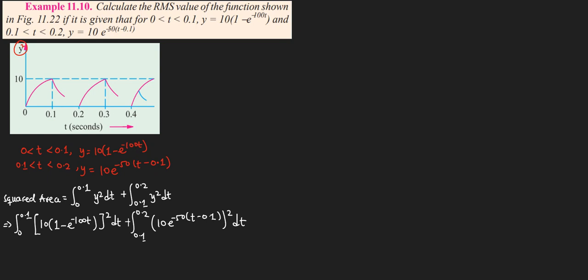Let's start with the first part, where we have the integral from 0 to 0.1 of (10 multiplying 1 minus e to the power minus 100t) all squared dt.